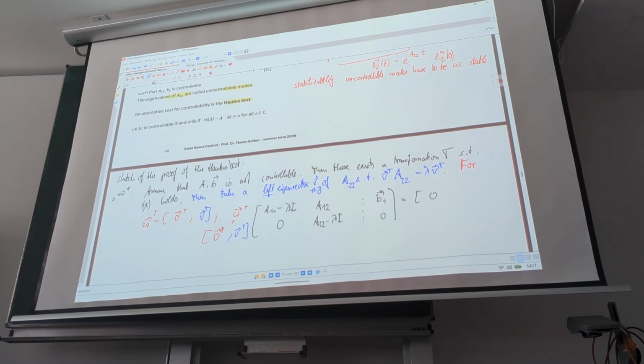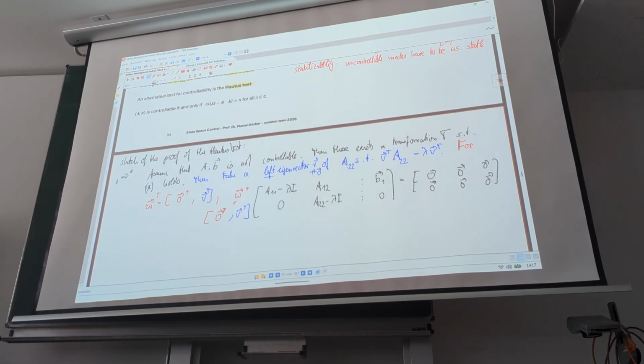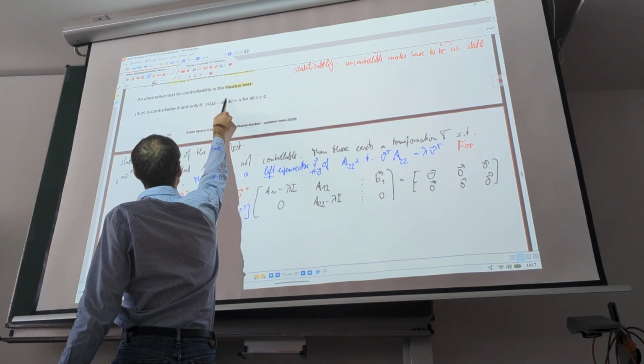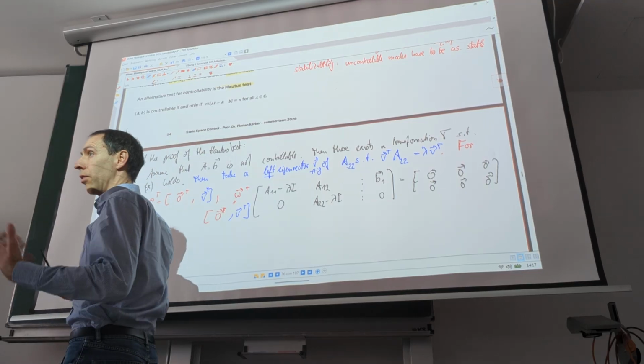So if I multiply this here, and write it in this notation, what I basically get is 0, 0, 0, 0, so everything is 0. This means that the rank cannot be full, because I can find a vector that is in the kernel of this whole thing.